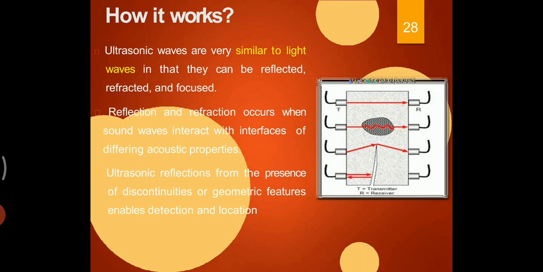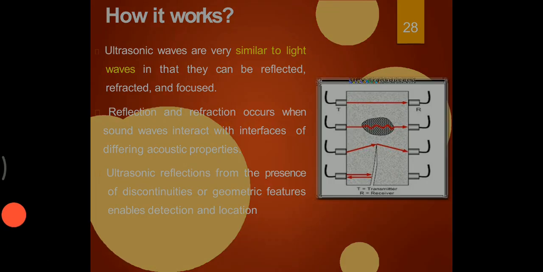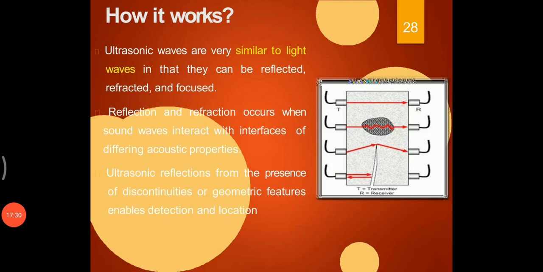The next slide: how does it work? Ultrasonic waves are very similar to light waves in that they can be reflected, refracted and focused. Reflection and refraction occur when sound waves interact with interfaces of differing acoustic properties.